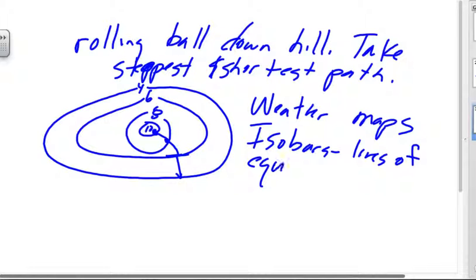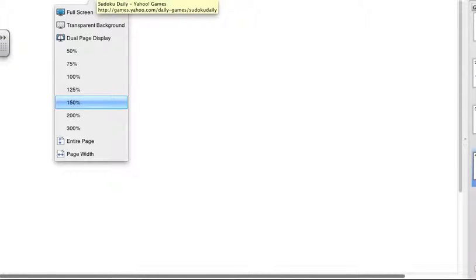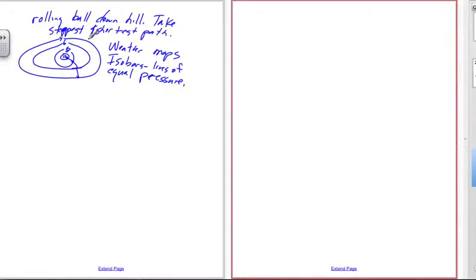So the way the Weather Service basically predicts wind speed and direction is they're going to use these orthogonal functions.